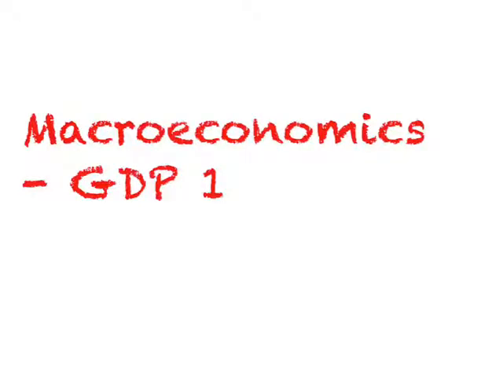In the previous lecture video, we had identified 5 key economic indicators, and in this video we will examine income of a country. And income of a country is usually measured through a concept called GDP, and that's what we look at now.